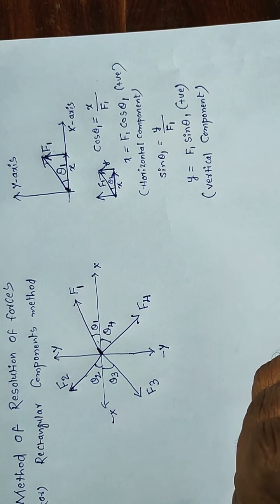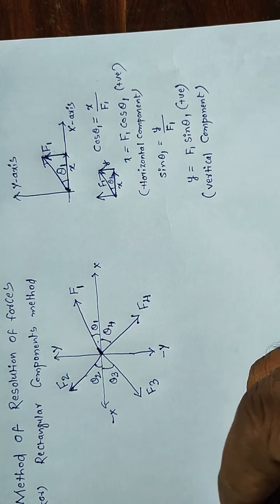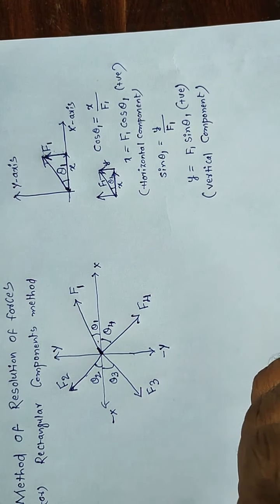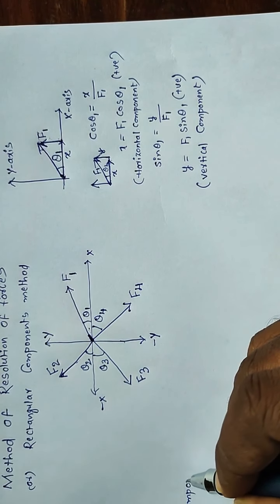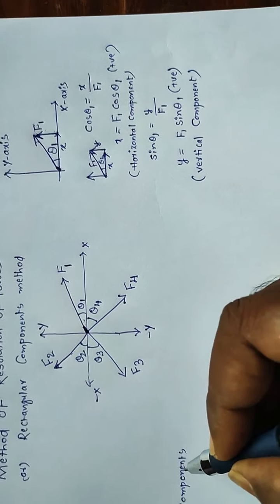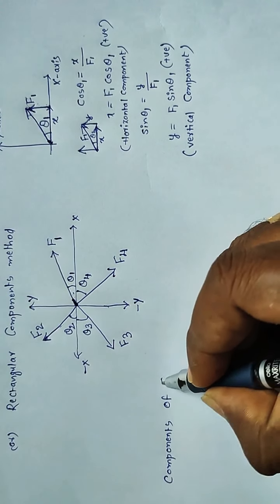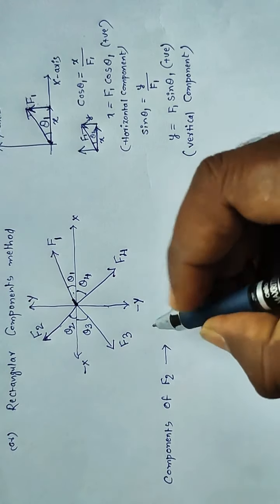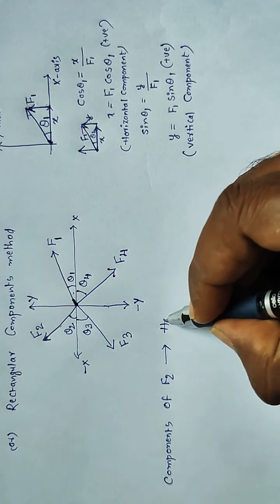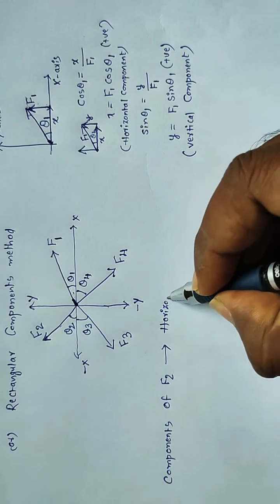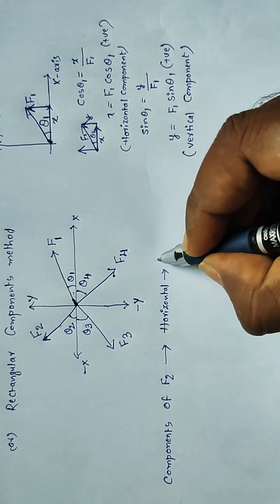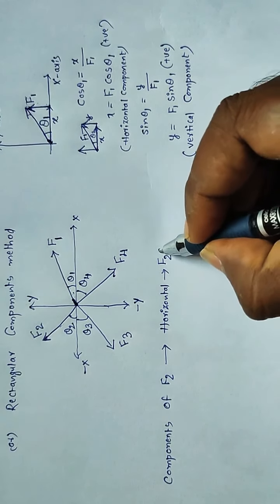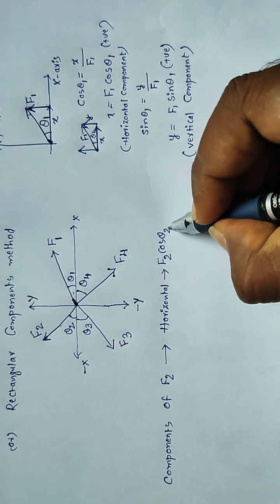So when you resolve F2, the components of F2: the horizontal component will become F2 cos theta 2.